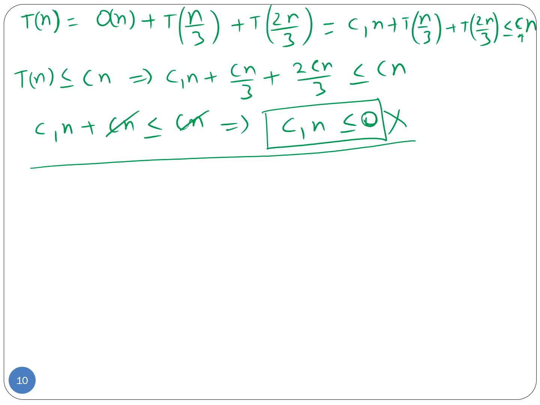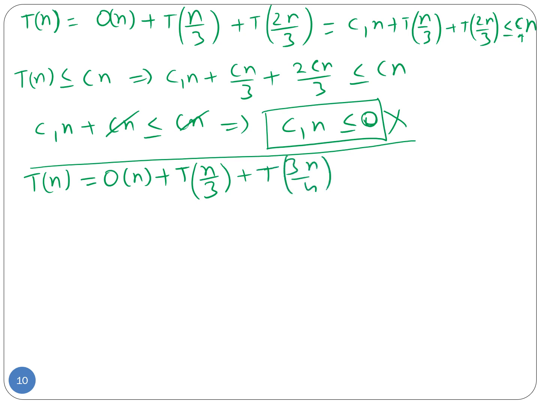Let's also see what happens if you use the other approximation, right? So let's say you assume the lopsided partitioning of n by 4 and 3n by 4. In that case, your recurrence would look like this. You have O of n plus T of n by 3 plus T of 3n by 4, is less than or equal to some cn.